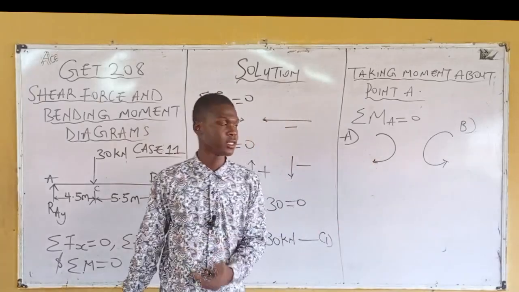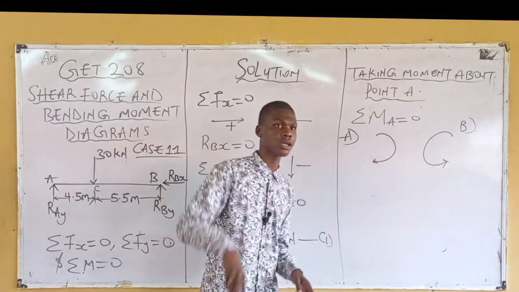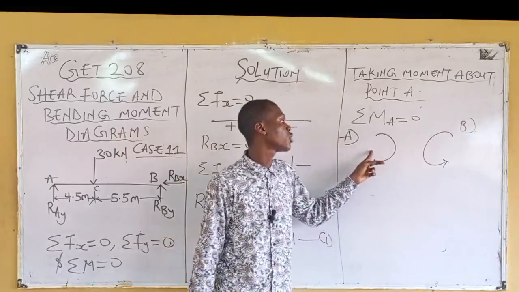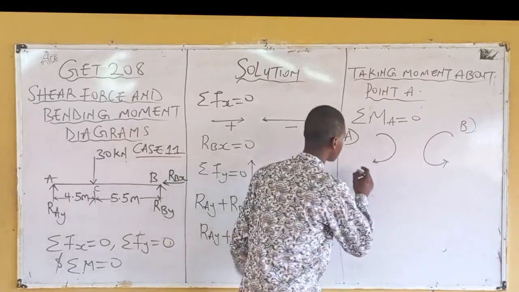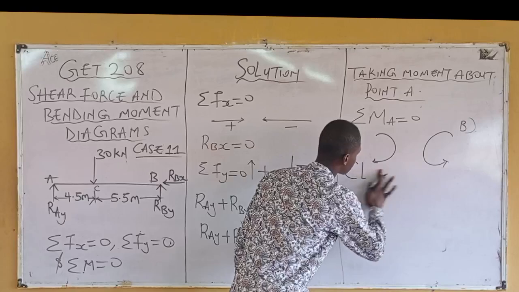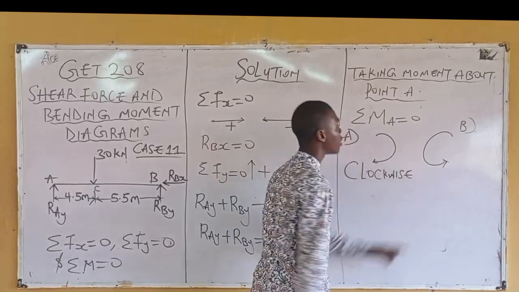Let me ask that again. This A, is it going in the direction of your clock or is it going against the direction? It is going in the direction. Because A is going in the direction of your clock, it becomes clockwise. What about B?